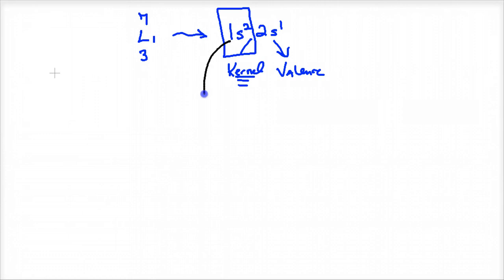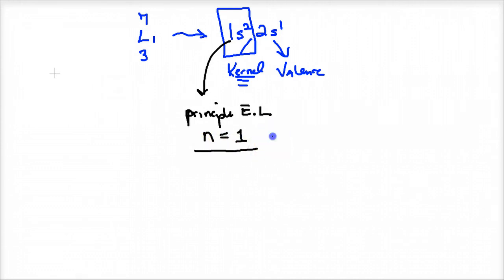This number 1 here is the principal energy level. We use that term, principal energy level. We can say it's the n number, it's the first quantum number, and n equals 1 here. And what the first quantum number does is index size, the orbital size.